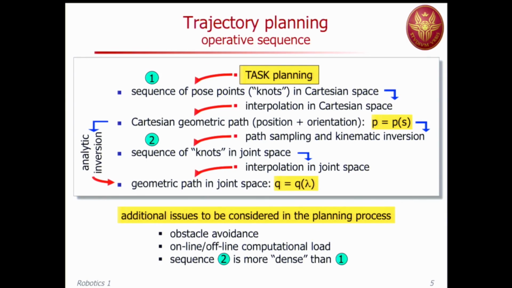So let's consider the most complex transformation of data that we can imagine from data in the Cartesian space given by the task planner, so frames or points, to some very detailed description in the joint space that you provide as reference to your controller, okay?